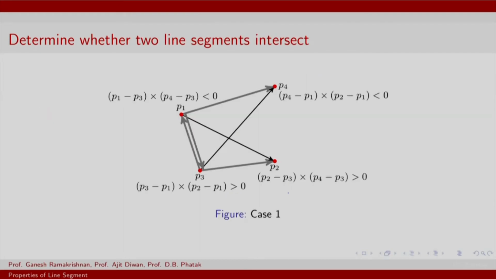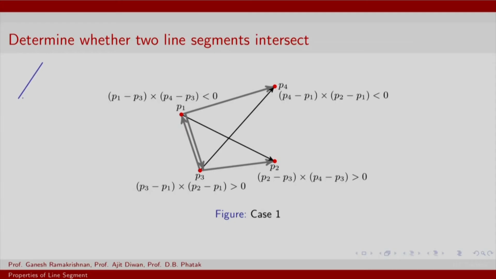One can generalize the discussion so far to address the following question. We are interested in determining whether two line segments intersect or not. We will answer this question by looking at the direction of turn.